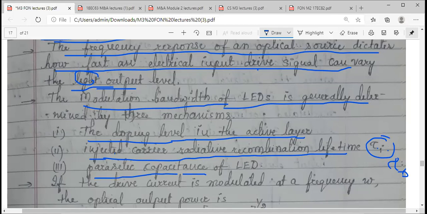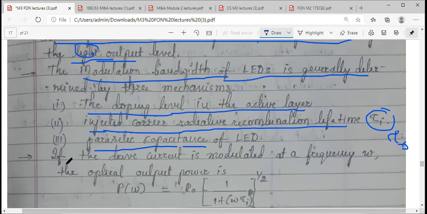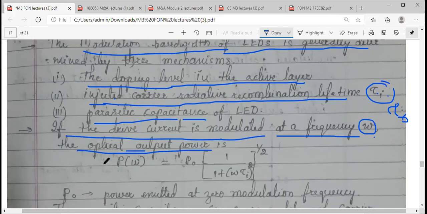This is one of them, parasitic capacitance.